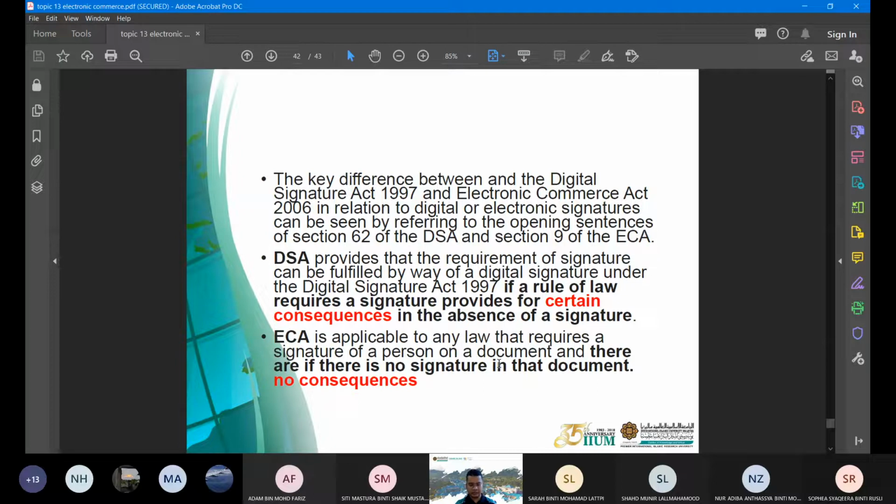Maknanya tak payah pakai digital signature ni, bukannya wajib pun nak pakai. But tapi as far as validity of the agreement itself, simple contract, if you just use Electronic Commerce Act, just sign whatever symbol that you like, can also validate the contract.